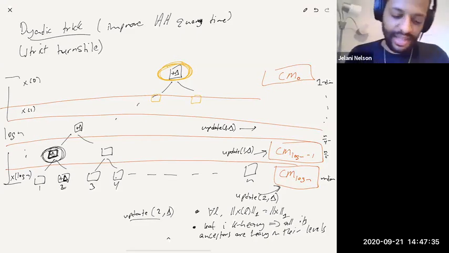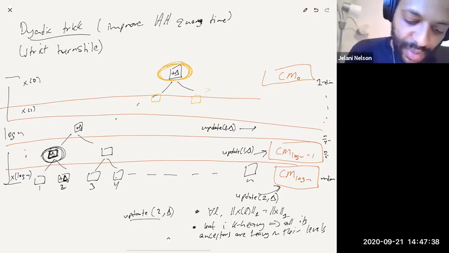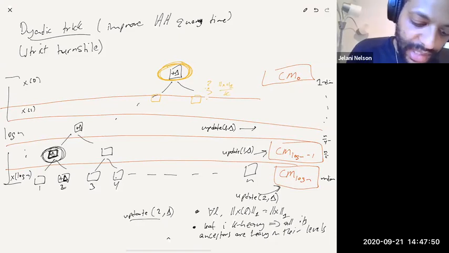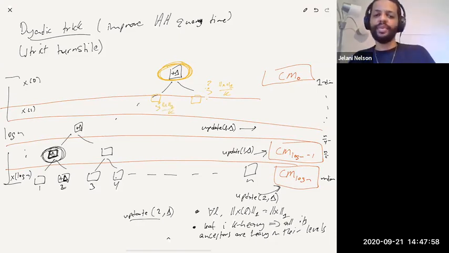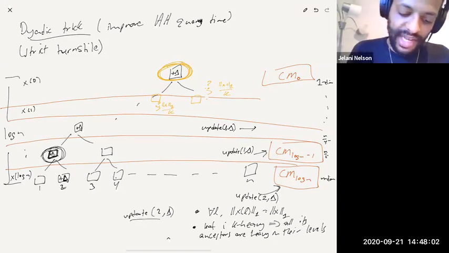So I can just check, point query: is this person greater than the L1 norm over K? Similarly, is this person greater than the L1 norm over K? It might be the case that one is, zero are, or both are. Let's say that only this guy's bigger.